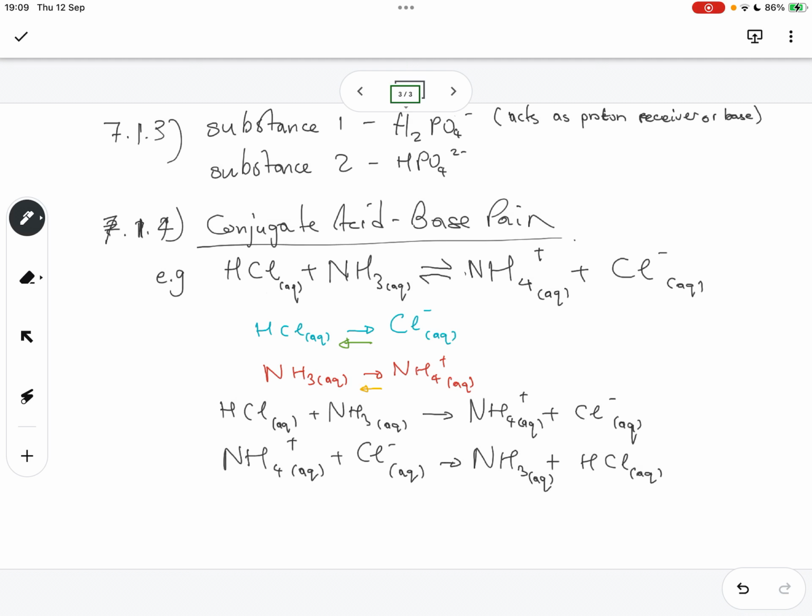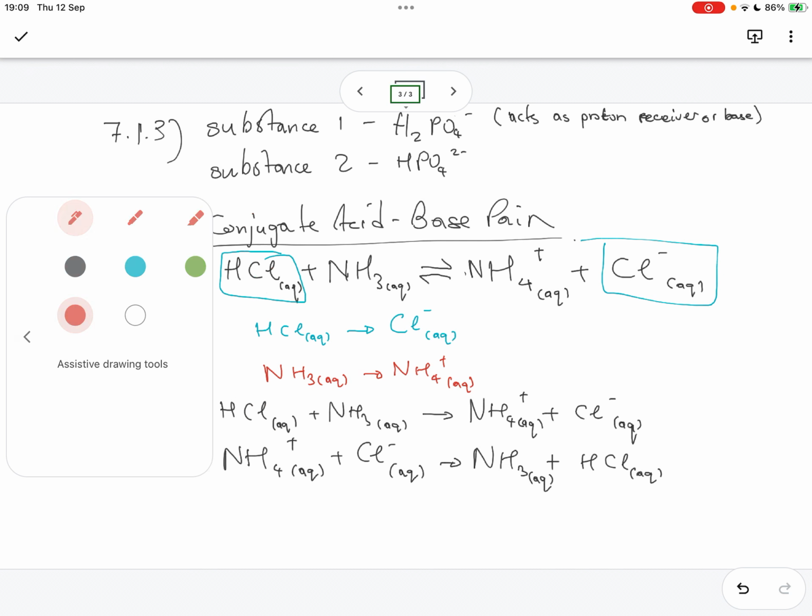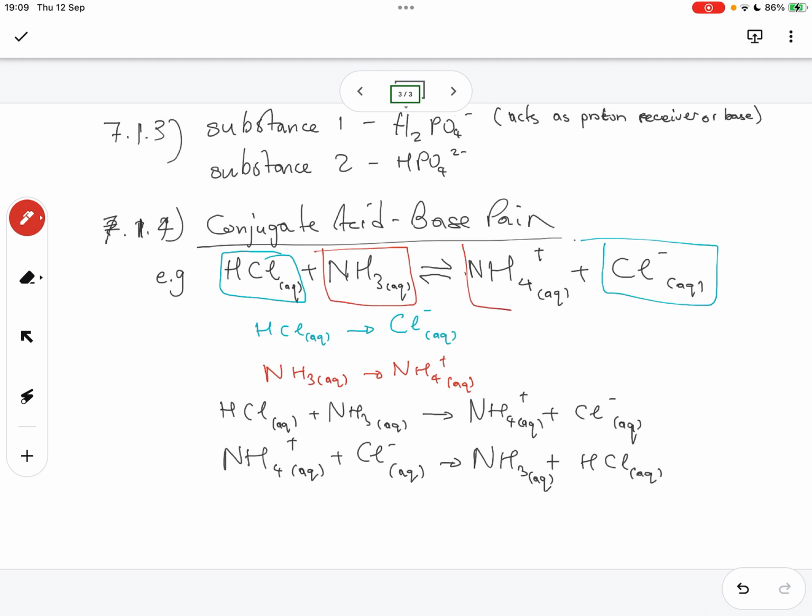And what does this tell us? If you look at these ones that have different colors, when we look at these two, do you see what goes on? They tell us that the blue ones, these two, are a pair. And these two are also a pair. So this one is an acid, but this one is a base.